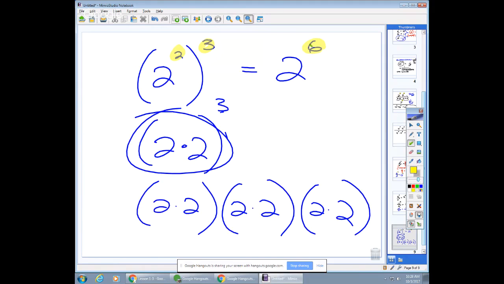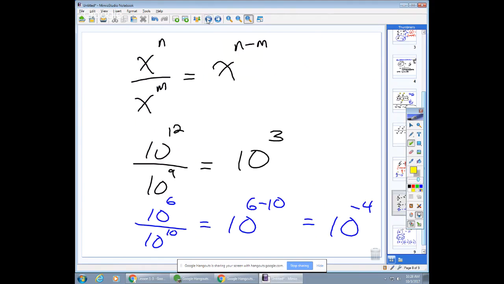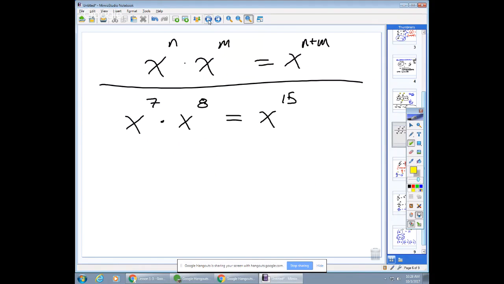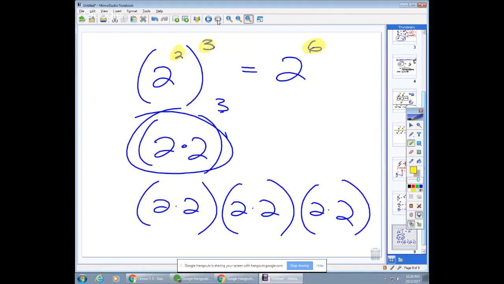Now that's different than the rule we had a couple slides back, where we had the same base multiplied. Notice the base appears twice there. In this new version, the base only appears once, but the whole thing with parentheses is raised to another power. So that's called a power to a power.